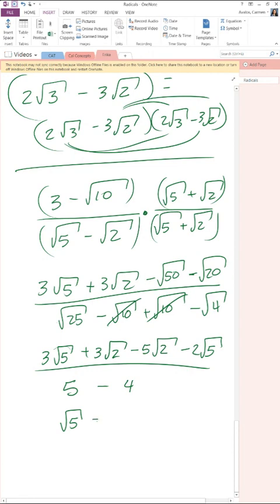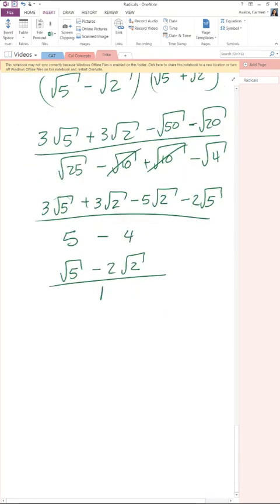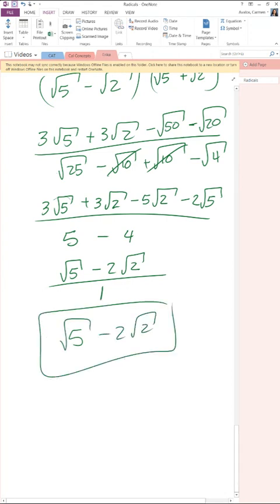This one here is going to be 3 of them, negative 5 of them, so negative 2 square root of 2, all over 1. So the answer is just square root of 5 minus 2 square root of 2, and that is your answer. Okay, that should be it.